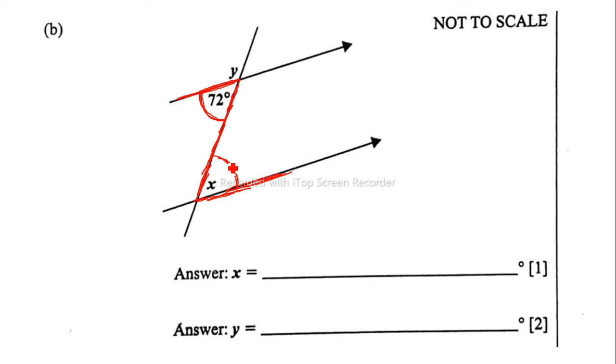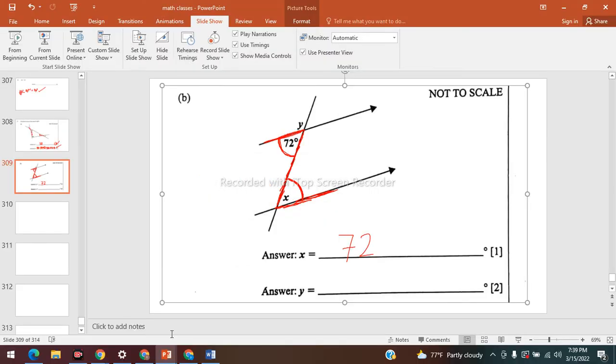These two angles are equal to each other. And so X is equal to 72 degrees because these are alternate angles, and alternate angles are equal. Let me just show you what I mean using an external example.